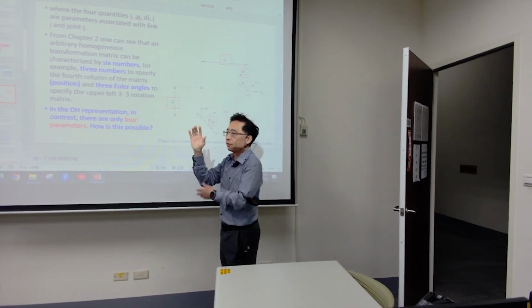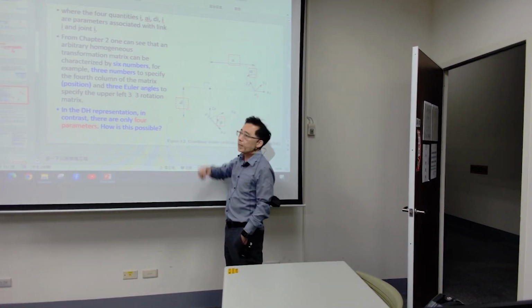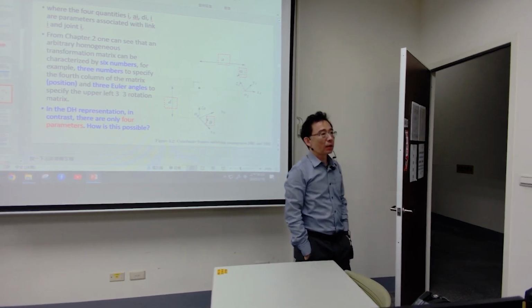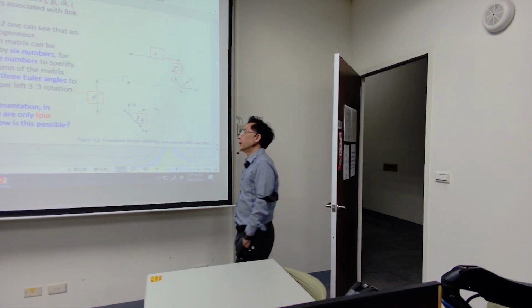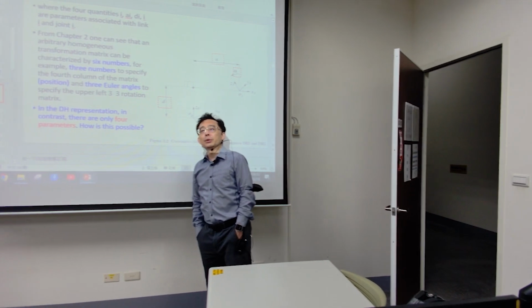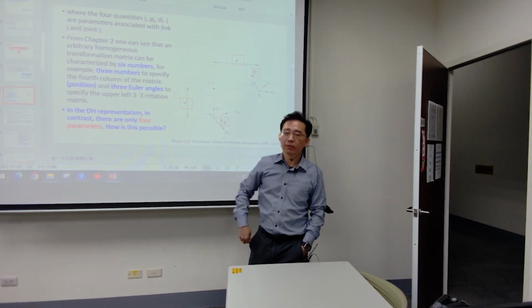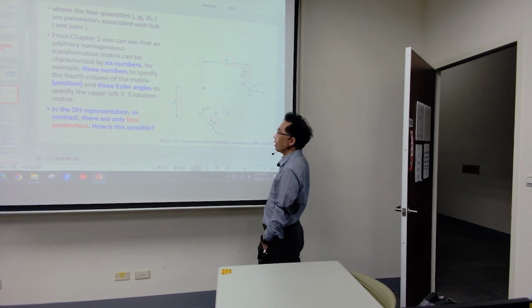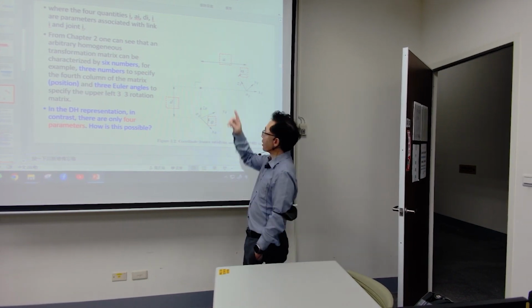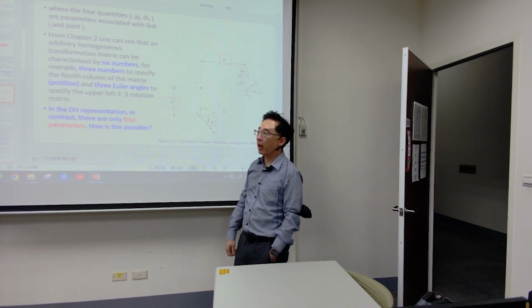This is the shift called D. It's quite difficult to explain, but later on we will have a robot to let you see. The true arm length is A. This is called shift.